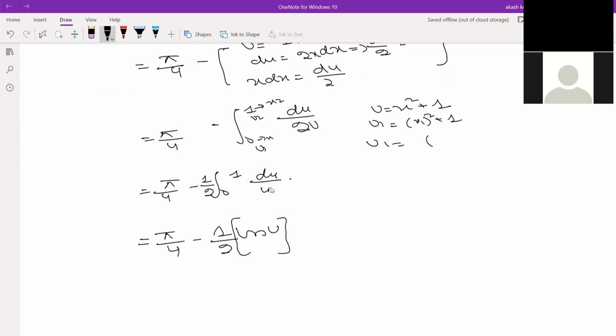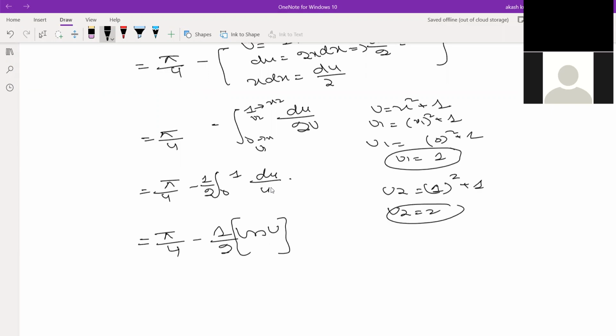Our x1 is 0, plus 1, so our u1 will become 1. And our u2 will become x2 whole square plus 1. x2 is 1, so 1 whole square plus 1 will become 2. So our new limits are from 1 to 2, not from 0 to 1.